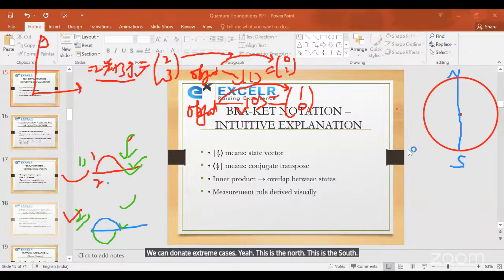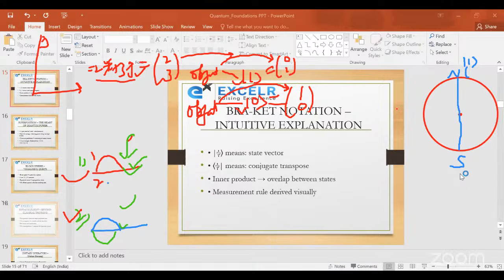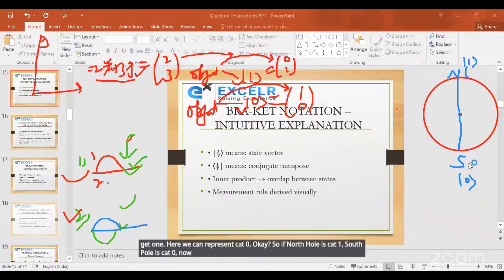At the north pole we can represent anything, but there is a convention. So at the north pole we can represent cat 1, and here we can represent cat 0.